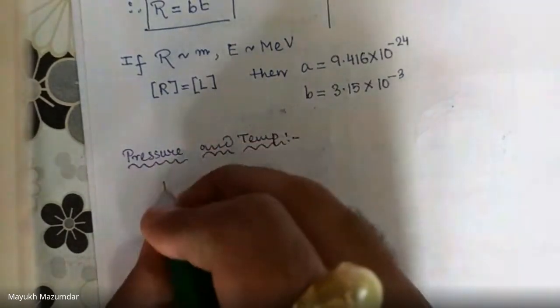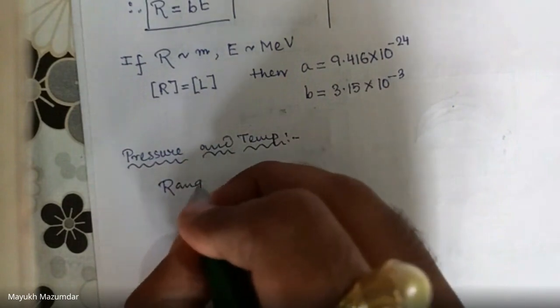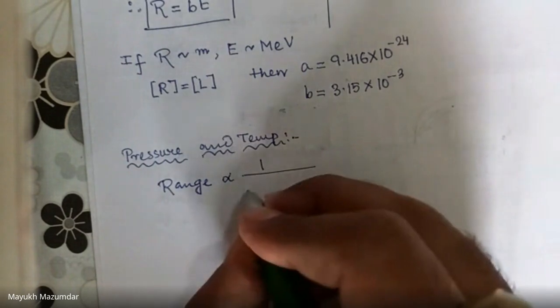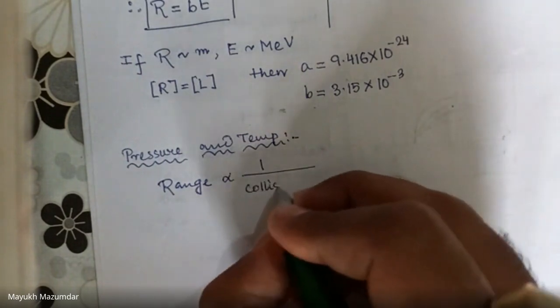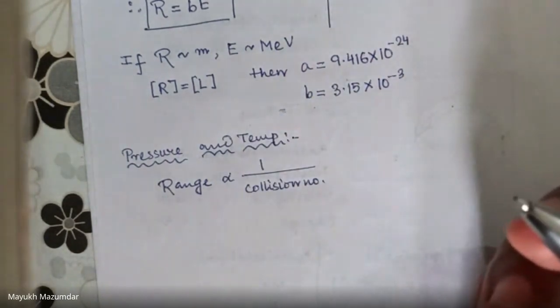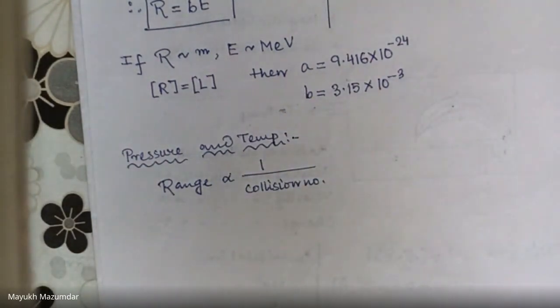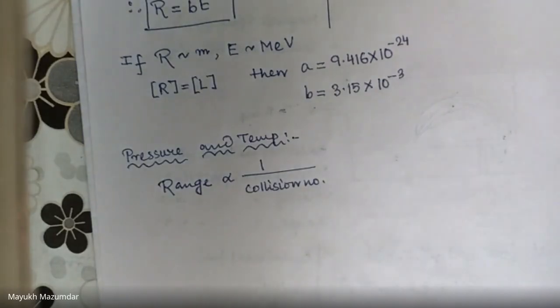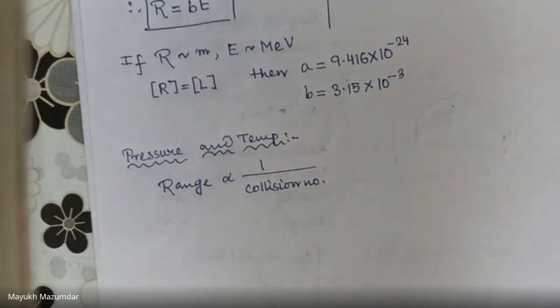Now see, the range of alpha particles should be inversely proportional to the number of collisions, right? If you collide more, what will happen? You will lose more energy and hence you will be able to traverse a lesser distance. Yes. Now tell me, how are pressure and collision related?